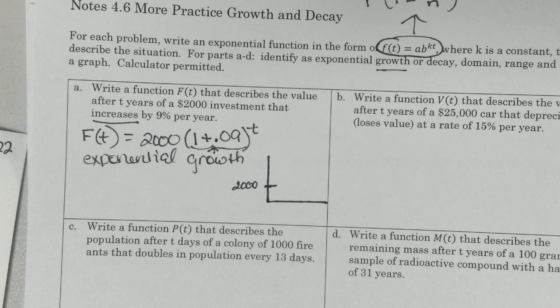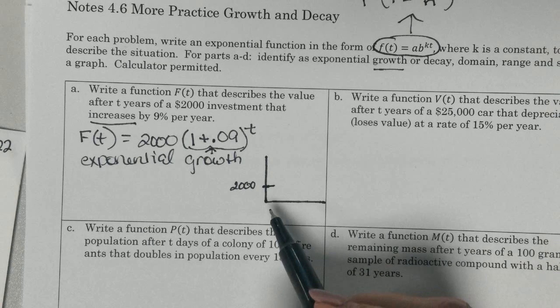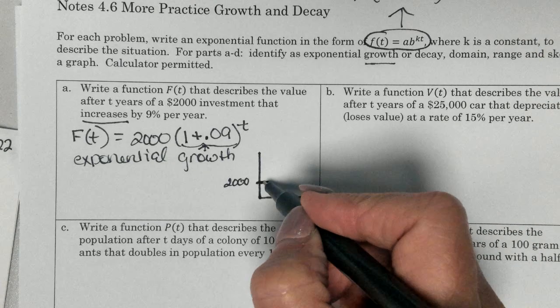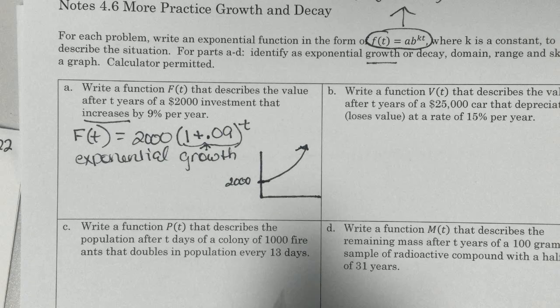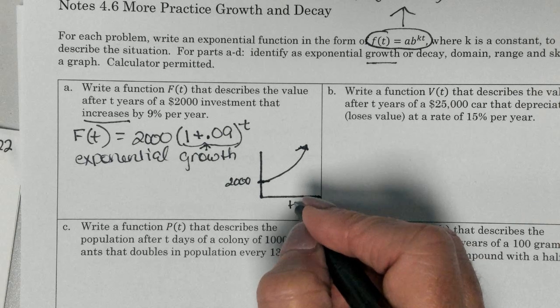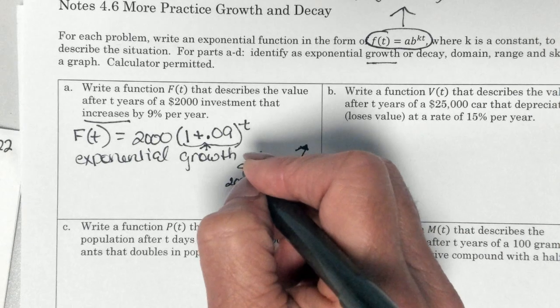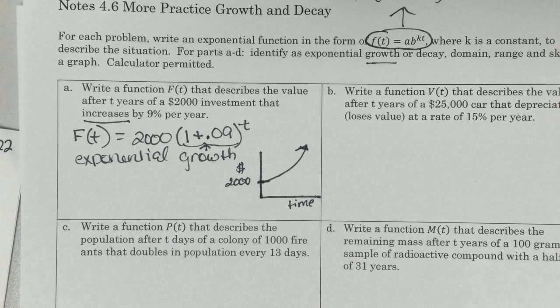We don't need any negatives. And we don't have time less than 0. At the very beginning, 0, we have $2,000. And that money is going to grow over time. There's a sketch of our graph. This is time, and this is money. All right.